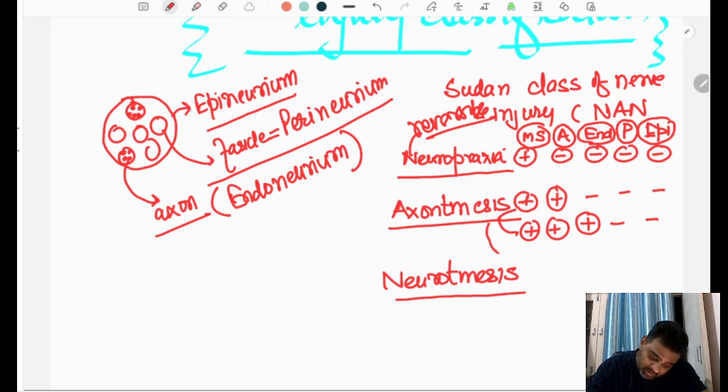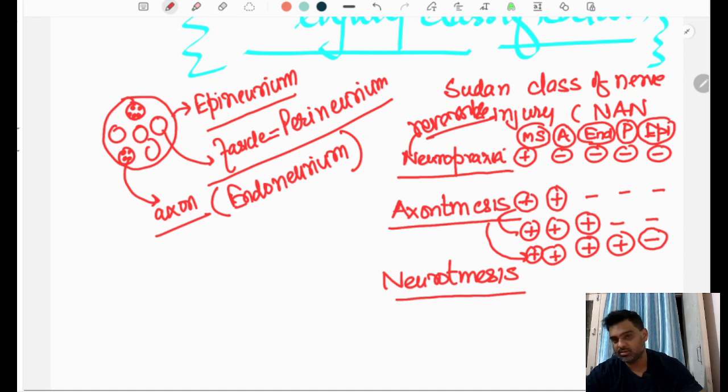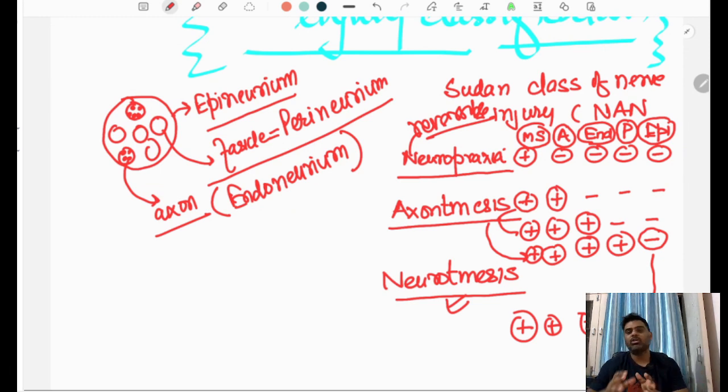Then further, when the injury grade increases, there is a problem in myelin sheath, axon, endoneurium, and perineurium, but epineurium is normal. In cases of neurotmesis, epineurium is also involved. So there is involvement of everything: myelin sheath, axon, endoneurium, perineurium, and epineurium.